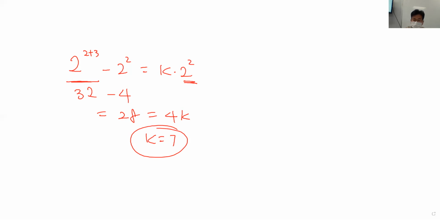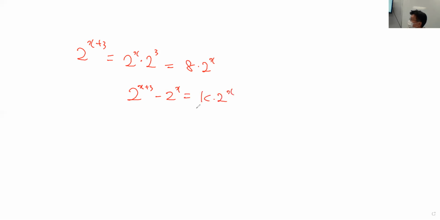Yeah. Okay. So 2 to the x plus 3 is equal to 2 to the x times 2 cubed, right? And that means this is 8 times 2 to the x power. Having said that, if you look at the question's given equation, 2 to the x plus 3 minus 2 to the x equals k times 2 to the x.